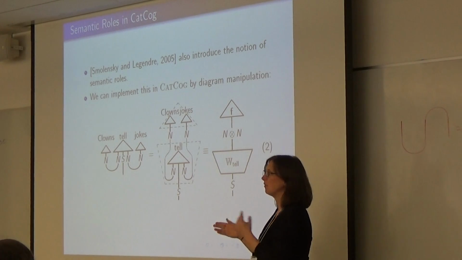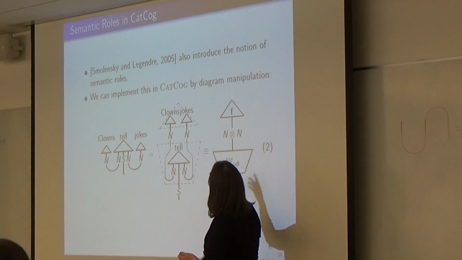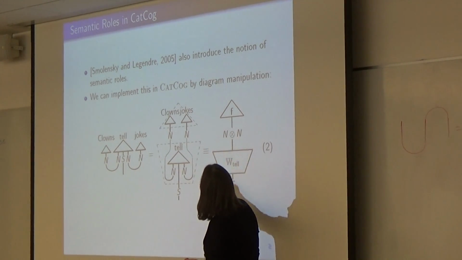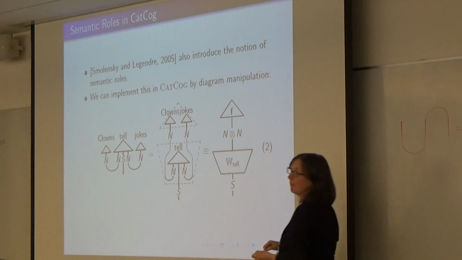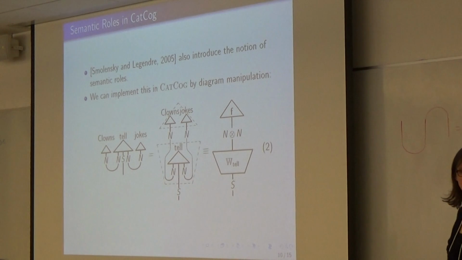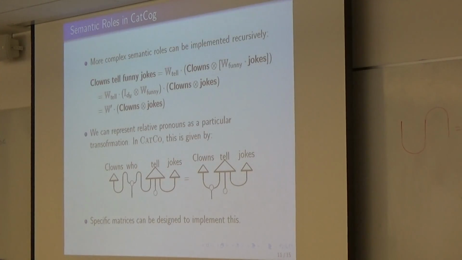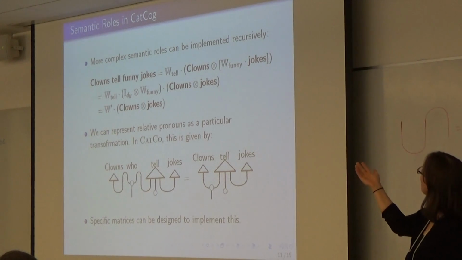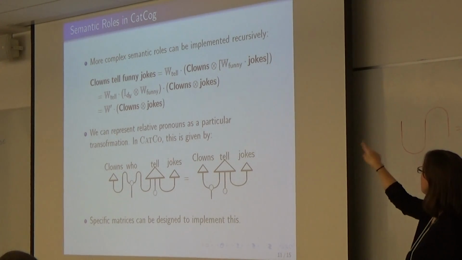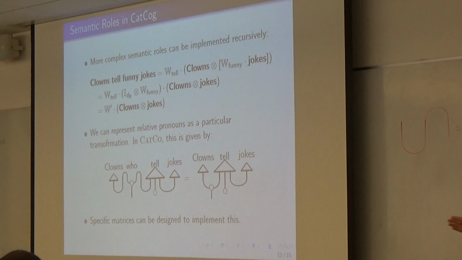Well, there is a specific reason why we're allowed to do it. And then we get this semantic role vector here, which gives us out the sentence. And more complex semantic roles we can implement recursively, so we add these semantic roles in at the requisite time. I'll skip over relative pronouns for now.